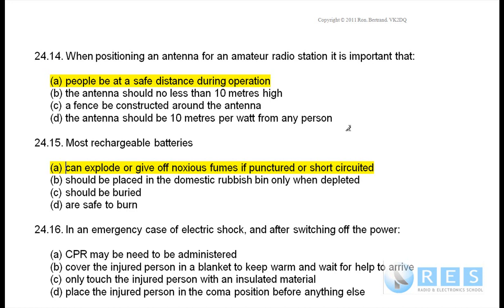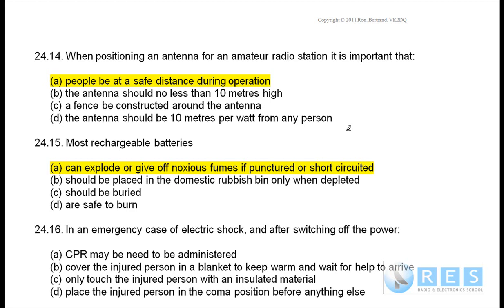It was peak hour too. The cabin filled up with very, very noxious fumes in a matter of a few seconds. I had to stop and get out of the vehicle as quickly as possible. It was that bad. So be very careful not to short circuit or puncture.